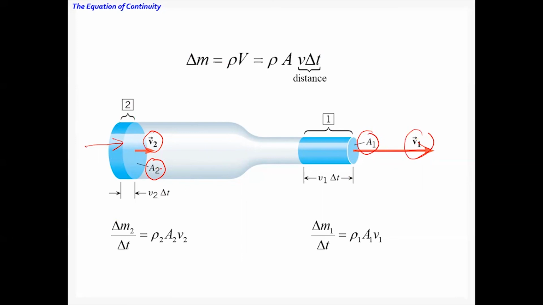So what is the mass per unit time at this end? We know mass flow rate is rho A v, right? So at this end, the mass flow rate is rho 2 A2 v2. Similarly, at this end, we have rho 1 A1 v1.